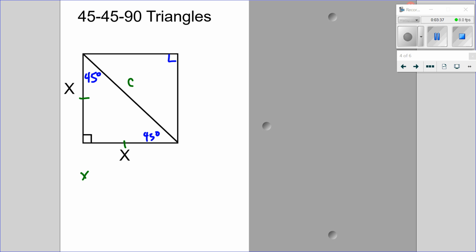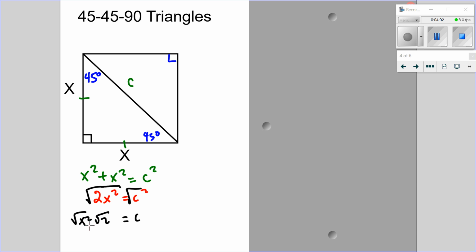So I'm going to go x squared plus x squared equals c squared. No numbers this time. But an x squared plus an x squared, that's 2x squared equals c squared. I take the square root of both sides, and it says c equals, well, the square root of 2x squared. I can break this up into the square root of x squared times the square root of 2.